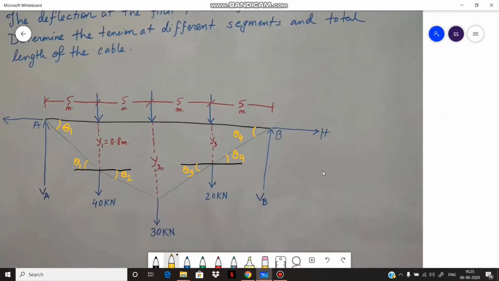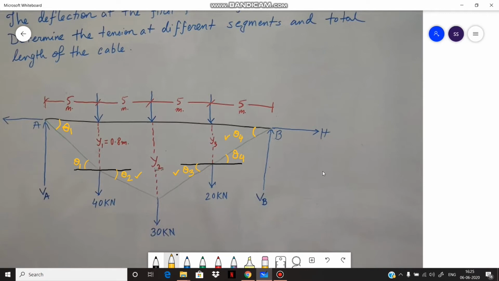We have already understood that the inclination of A1 segment is theta 1, the inclination of segment 1 2 is theta 2, the inclination of 2 3 is theta 3, and the inclination of 3B is theta 4.